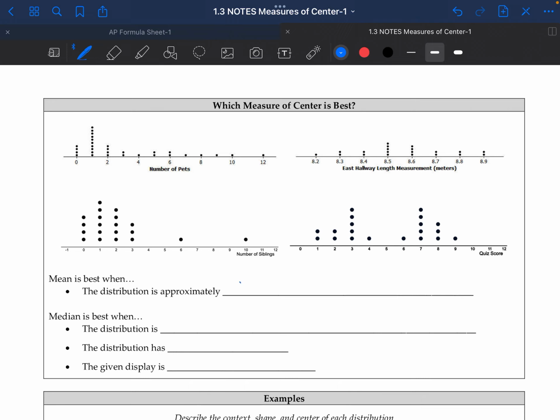So the distribution, if it is approximately symmetric or uniform, because uniform usually implies symmetric as well, with no outliers.